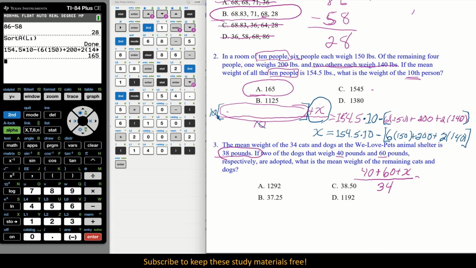Okay. Oh, did it again. All right, here we go. Well, it should work. Delayed. Okay, so what we need to do is we need to find out what the total weight is of the animals we have right now. Well, that's simple. We just multiply both sides by the 34.